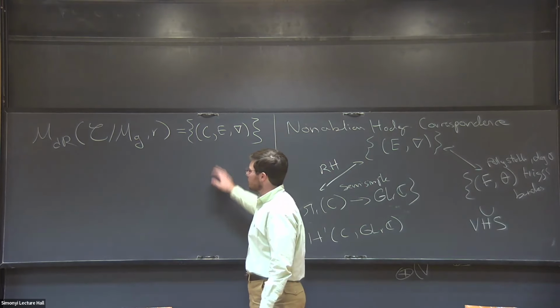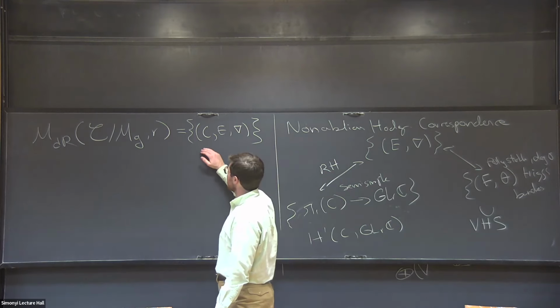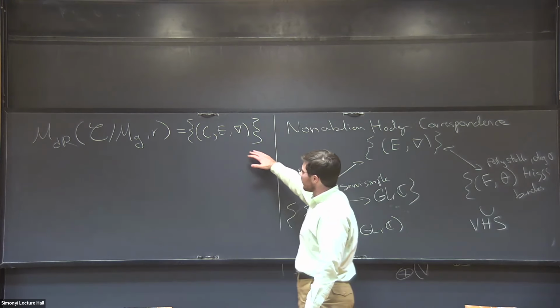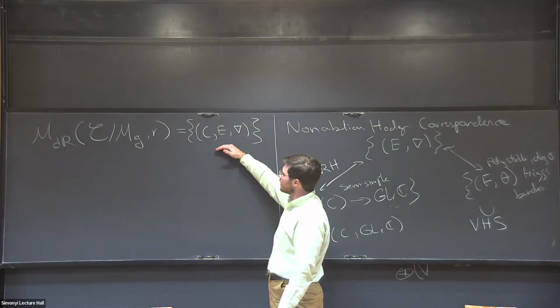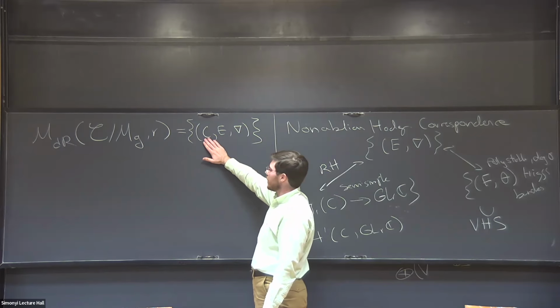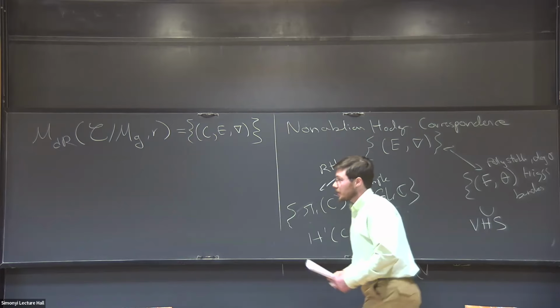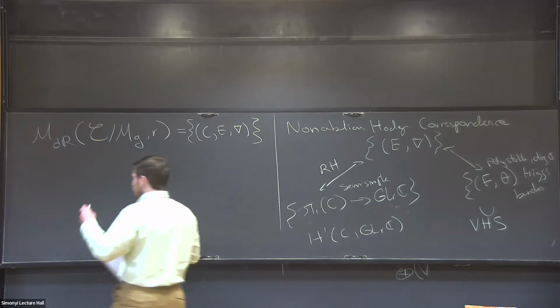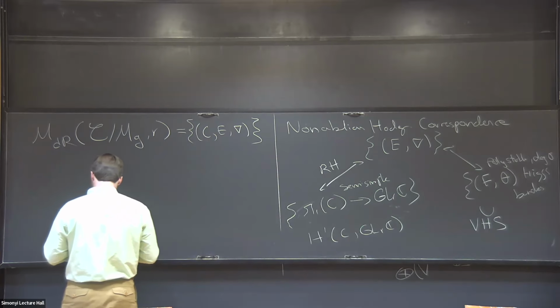So if you want to study the geometry of this locus, you actually have to study a particular locus within this, which is that you have to keep the corresponding monodromy representation the same. You can only vary the curve. And so that sort of direction you can move is called the isomonodromic deformation.